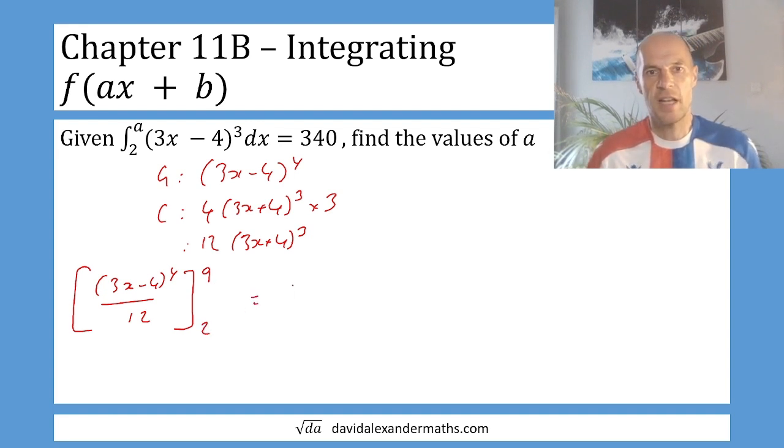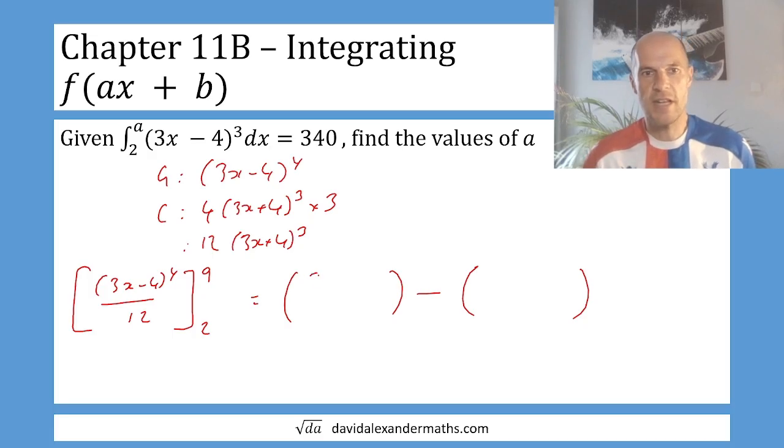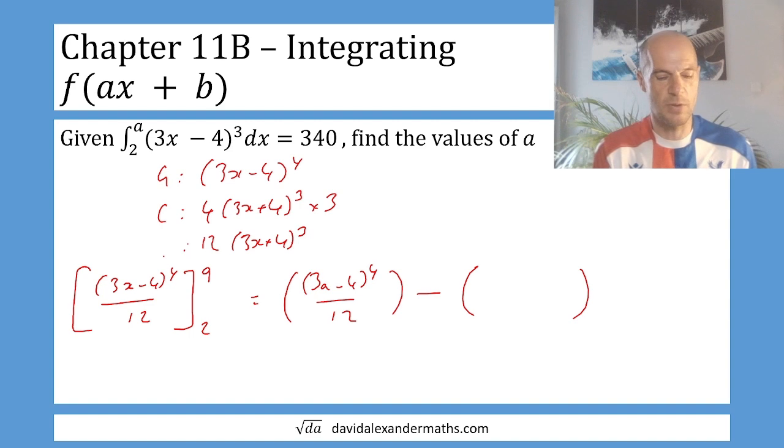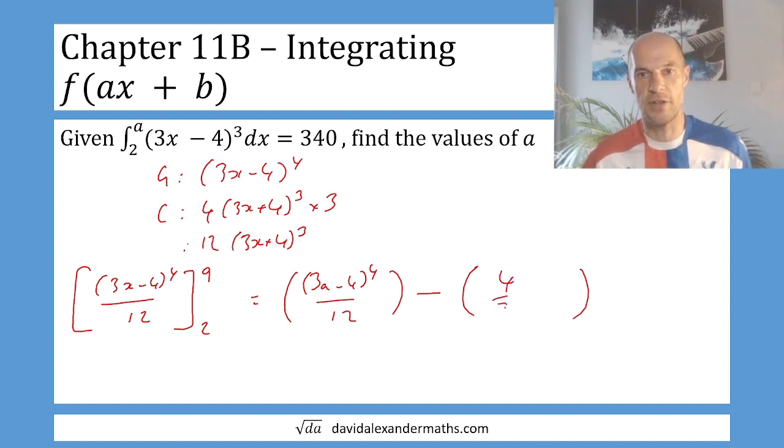Okay, so let's substitute the limits of a and 2 into (3x minus 4) to the 4 over 12. So that's going to be (3a minus 4) to the power of 4 over 12, minus 3 times 2, which is 6. 6 minus 4 is 2, so 2 to the power of 4 is 16. 16 over 12, and that is also 4/3.